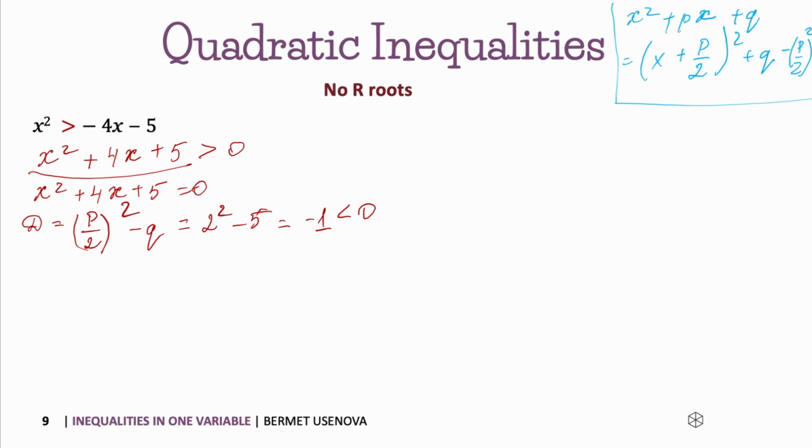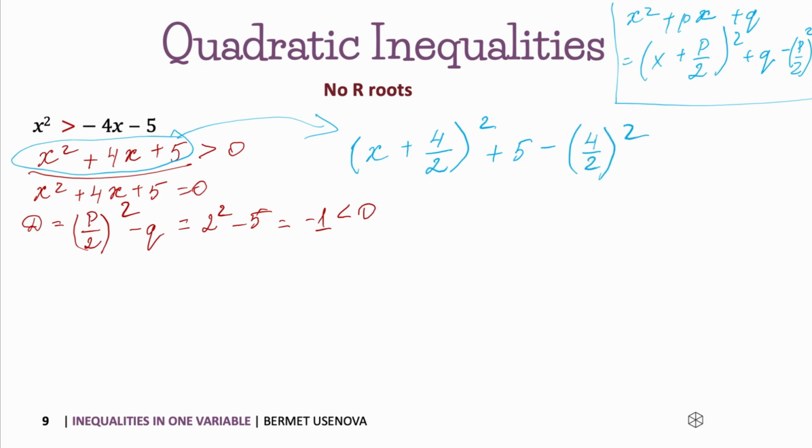So we can rewrite this into the square. We will follow our formula here, and we will have x plus p, which is 4 here, 4 divided by 2, and we have the square here, plus q, which is 5, minus 4 divided by 2 squared.